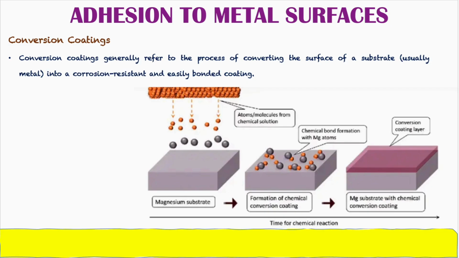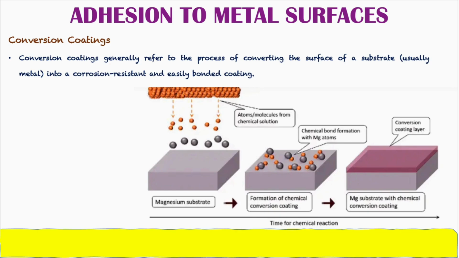So you can see a metal surface, a magnesium substrate, on the left hand side, and the atoms or molecules from the chemical solution are being dropped, or let's say sprayed, or applied over this surface. Now what happens is that chemical bond formation occurs between the magnesium substrate atoms and the chemical solution which we are applying on the substrate.